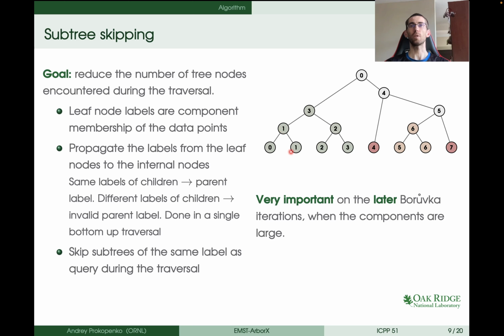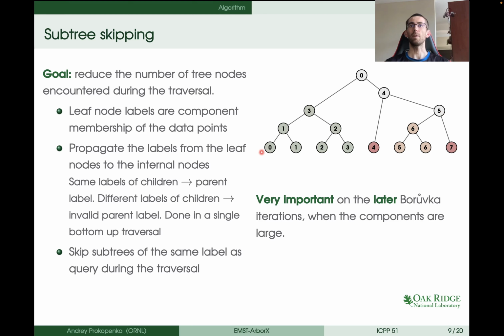If the two children carry the same label, then the label of the corresponding internal node is set to be the same. However, if the two children, for example, child 6 and child 7 of the internal node 5, carry different labels, the label of the internal node is set to be invalid, which means that in the corresponding subtree there exist nodes from different components.